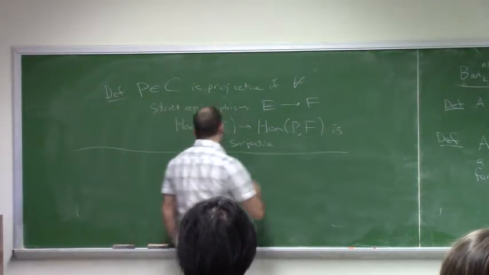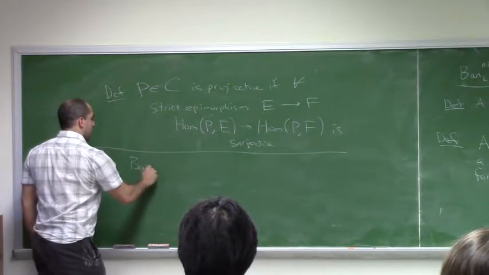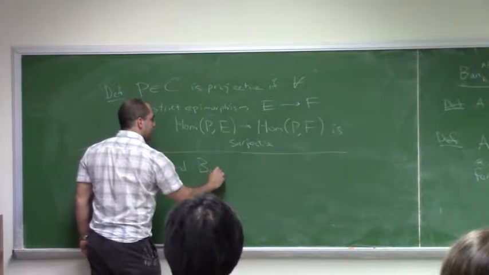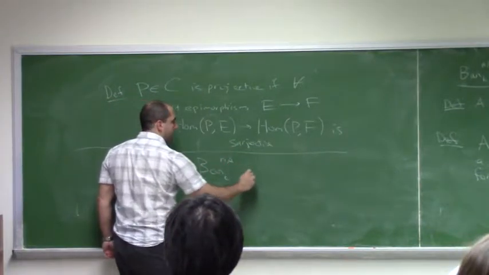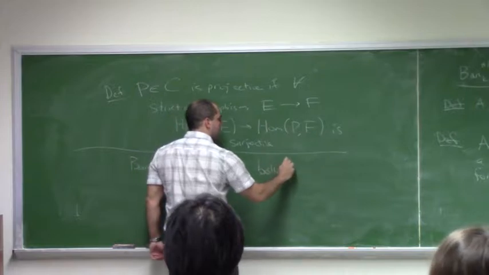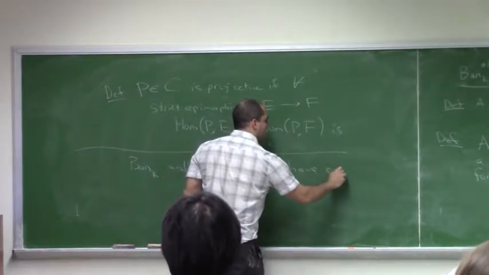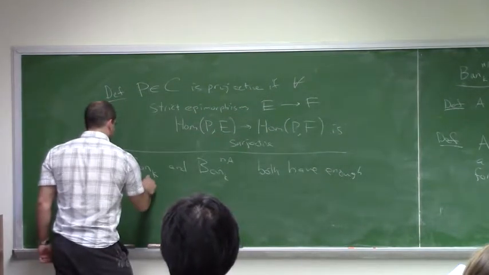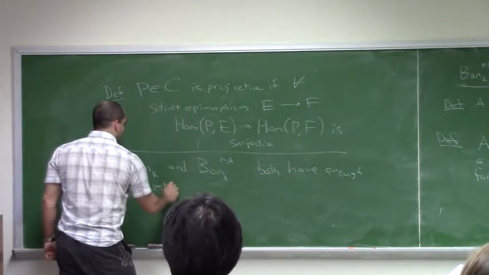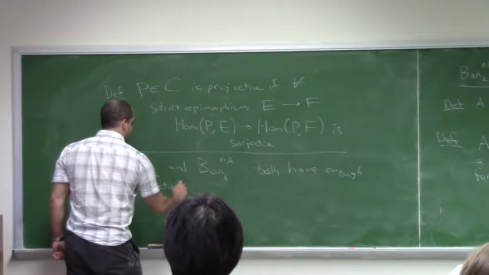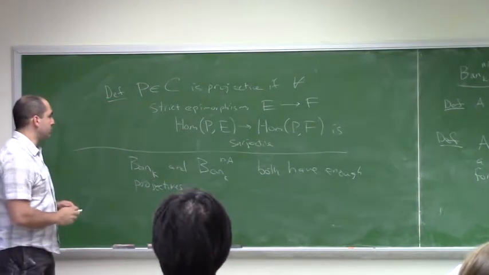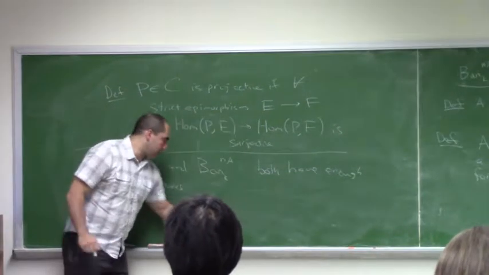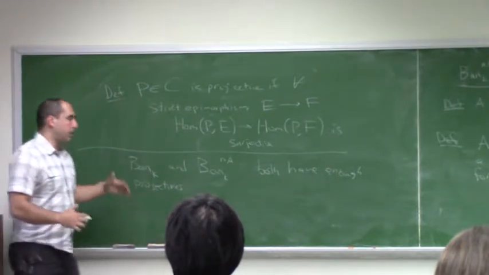Okay, so these categories Ban K, and if K is non-Archimedean, this other version, both have enough projectives. And you should think of these projectives, maybe I won't go into this too much, but the Tate algebra is projective as an object here. And in fact, the Tate algebra is a coproduct, but in a different category.